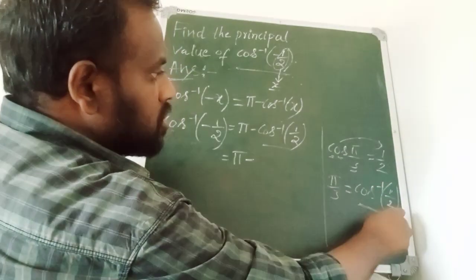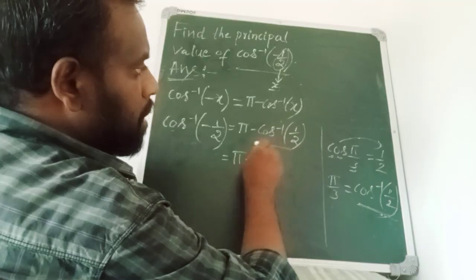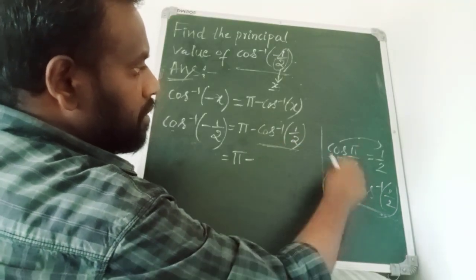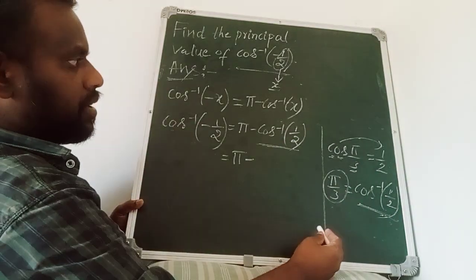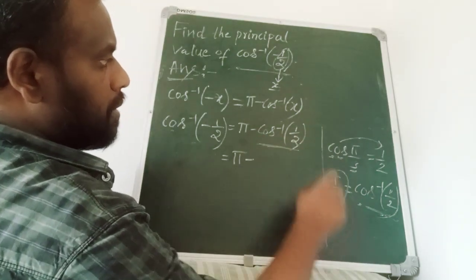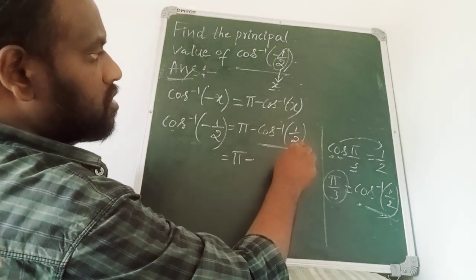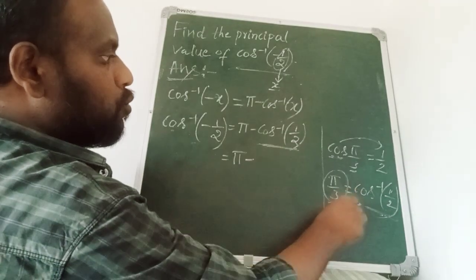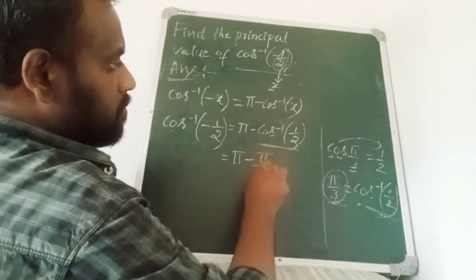In place of cos inverse of 1 by 2, I am going to write pi by 3.